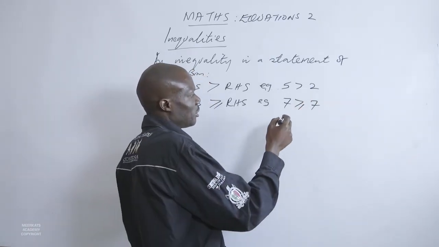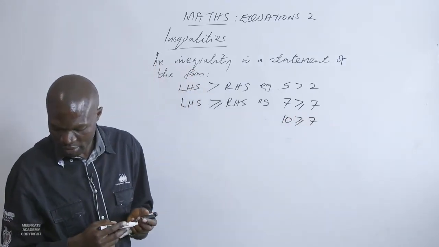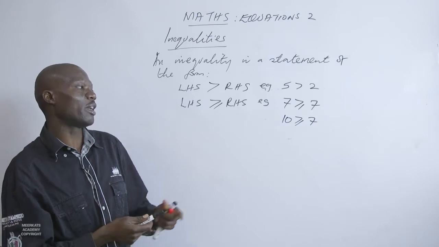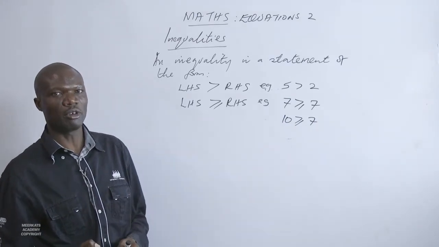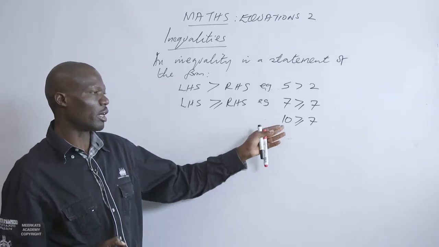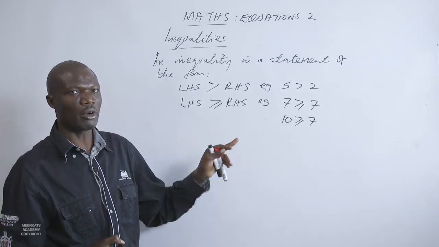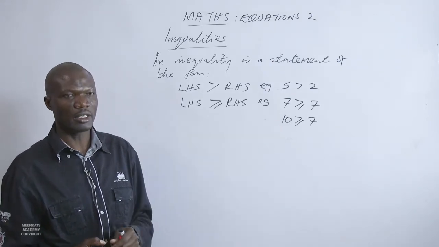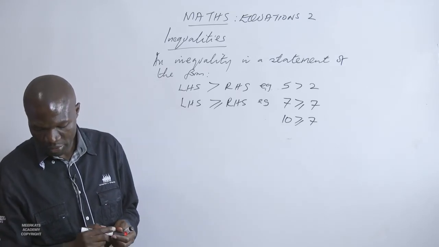That is true. We can say 10 is greater than or equal to 7. This one may either be true or not because we have given the value of x as 10. And as we shall see later on, if we use the equal sign, 10 will not be equal to 7. However, 10 is greater than 7. So the statement still remains true.